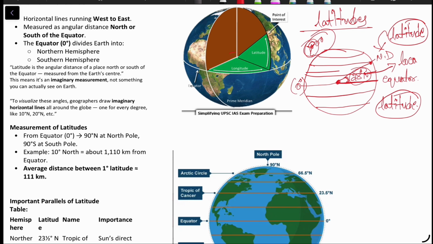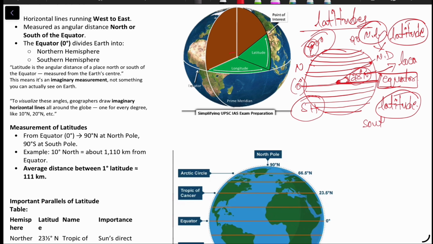So there will be around 90 horizontal lines, and the equator, which is present at the center of the earth, divides the earth into the northern hemisphere and southern hemisphere. The latitudes present on the northern side of the equator are called northern latitudes, and the latitudes present south of the equator are called southern latitudes.